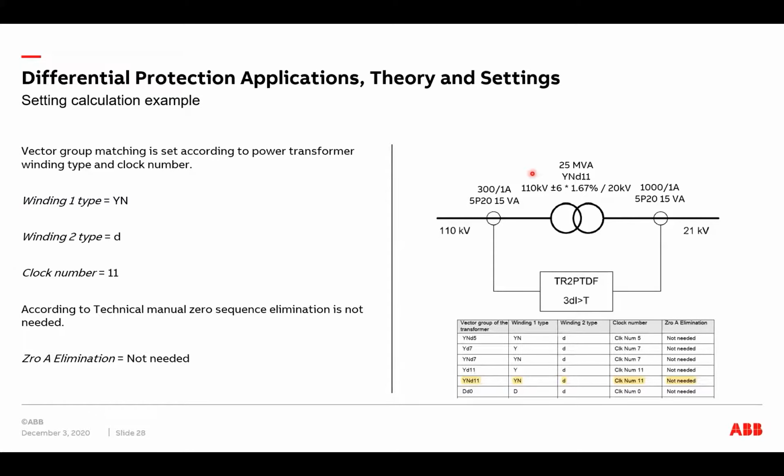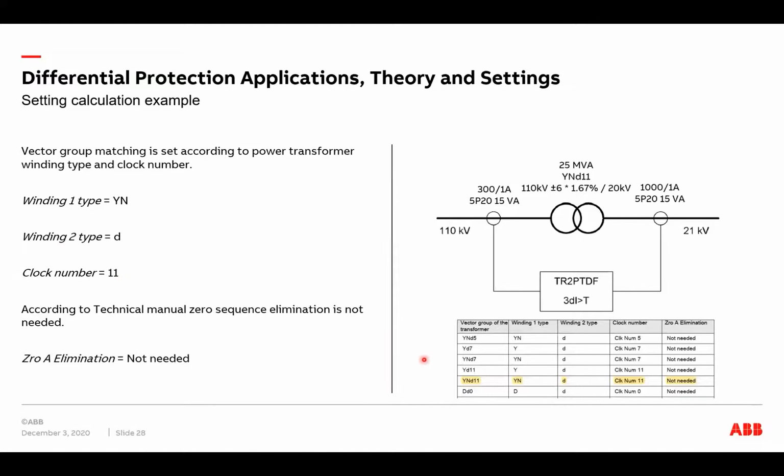In this case, we have a YND11, and this is done with separate settings for both windings. So for winding type 1, we set to YN, and for winding type 2, we set it to D. And the clock number, we also have a setting for that, and that will be 11.